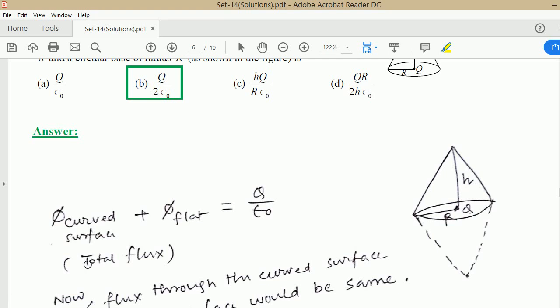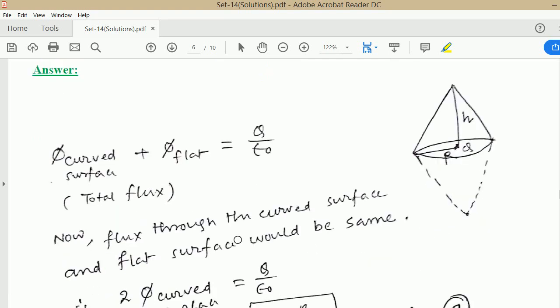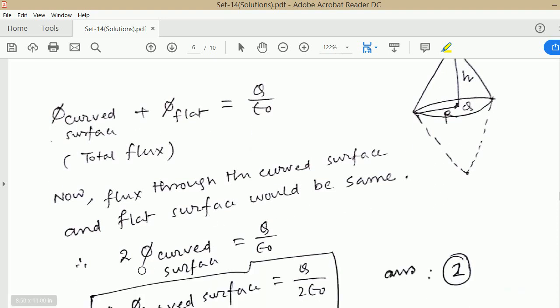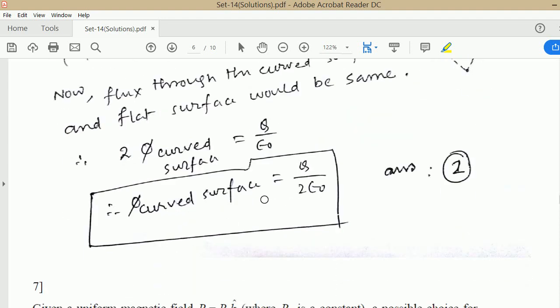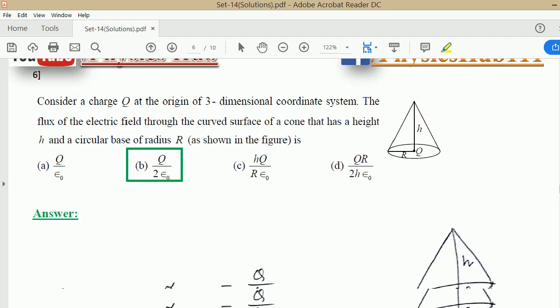So phi curved surface plus phi flat will be q by epsilon naught. Now the flux for the curved surface and flat surface should be the same. So 2 into phi of curved surface equals q by epsilon naught, which means phi curved surface equals q by twice epsilon naught, and it is matching with option 2.